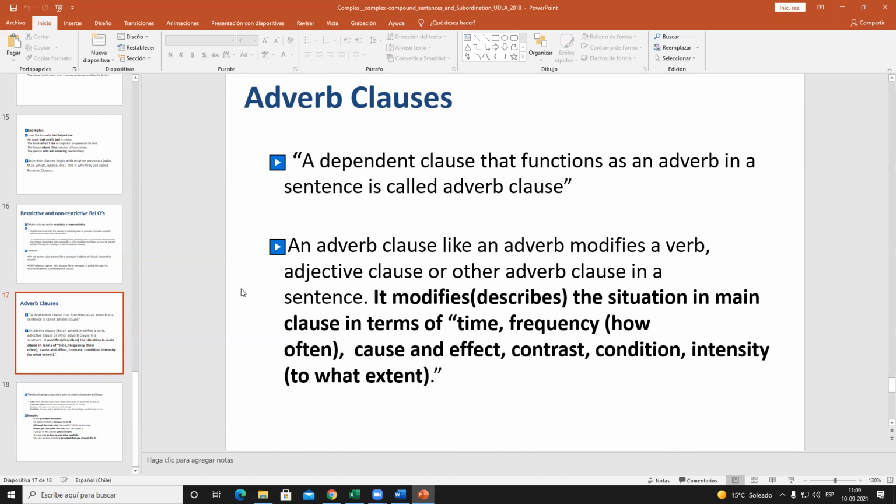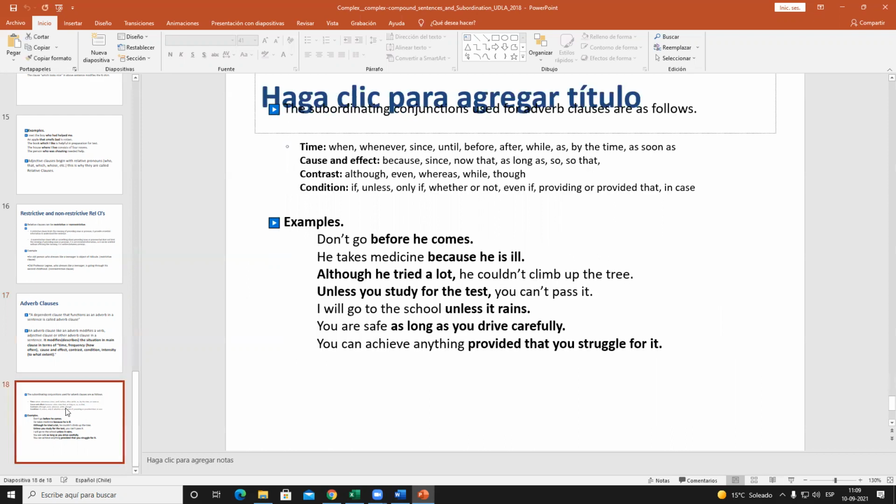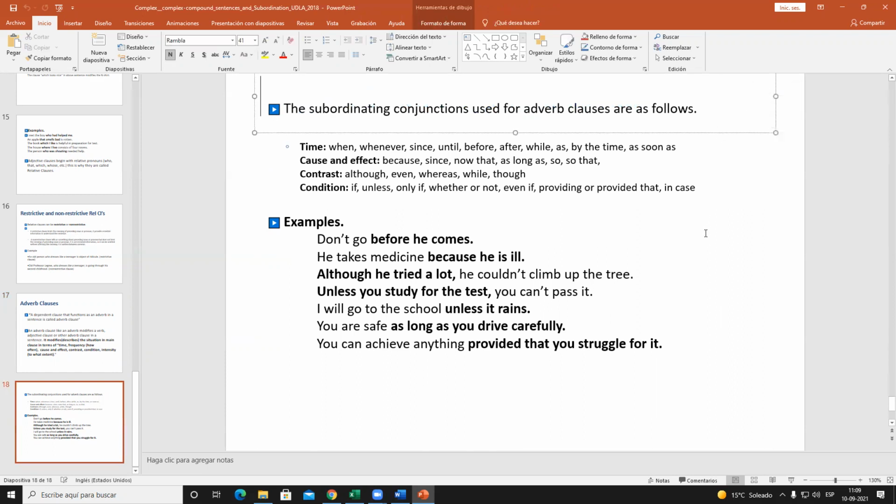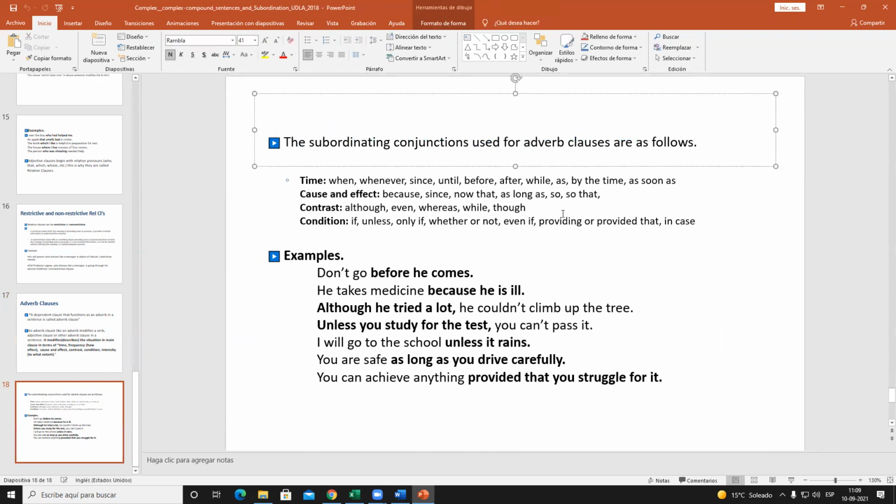To what extent? And here we have the subordinating conjunction. The subordinating conjunctions used for adverb clauses are as follows. Y aquí tenemos las subordinating conjunctions que marcan tiempo, causa y efecto, contraste, condición.